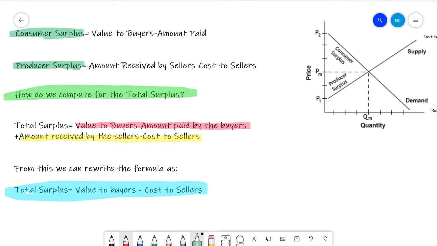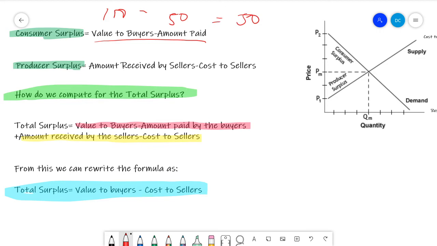For example, if the actual price of the product is 50 pesos, but they're willing to pay 100 pesos for that product, what is the consumer surplus here?